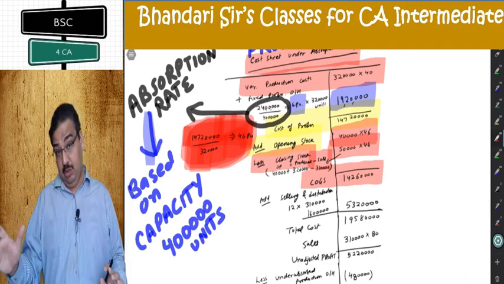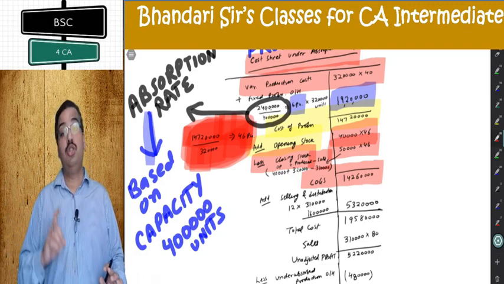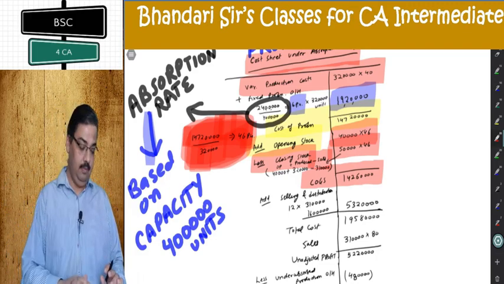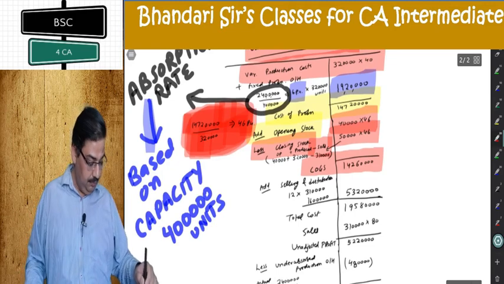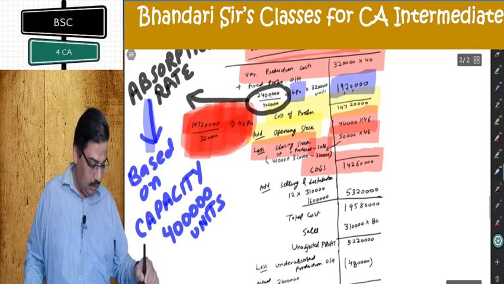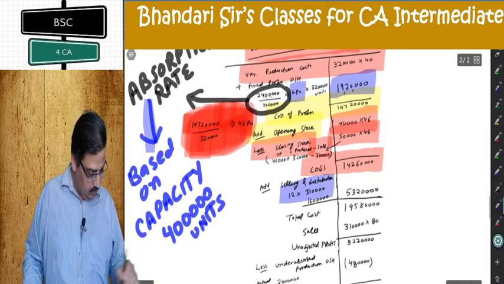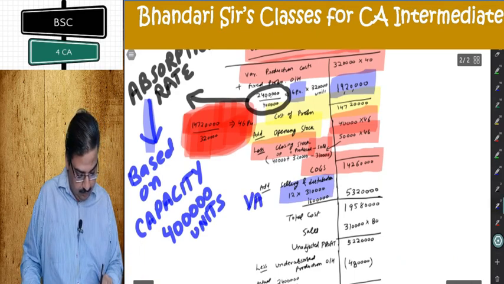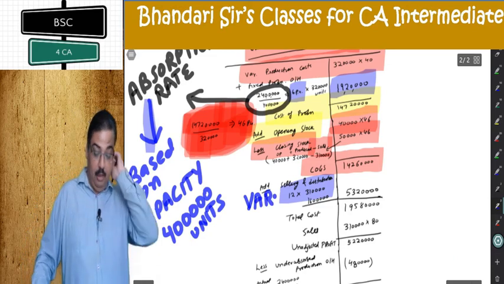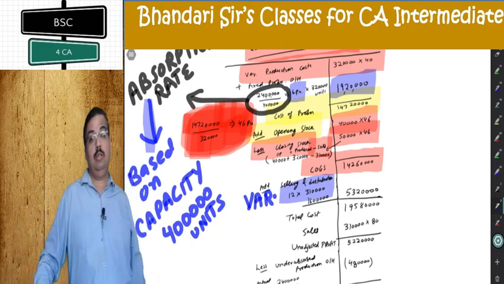Now selling and distribution will be based on sold units. That is important. So selling and distribution, the variable cost there, this is variable, 12 per unit on 3,10,000 units.